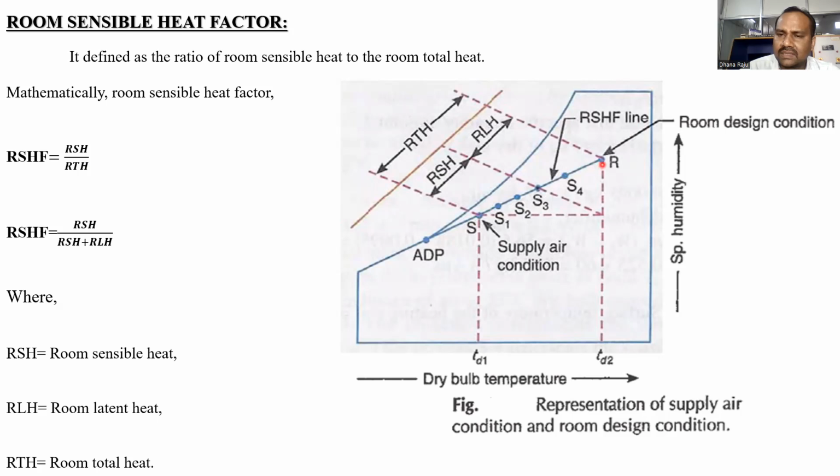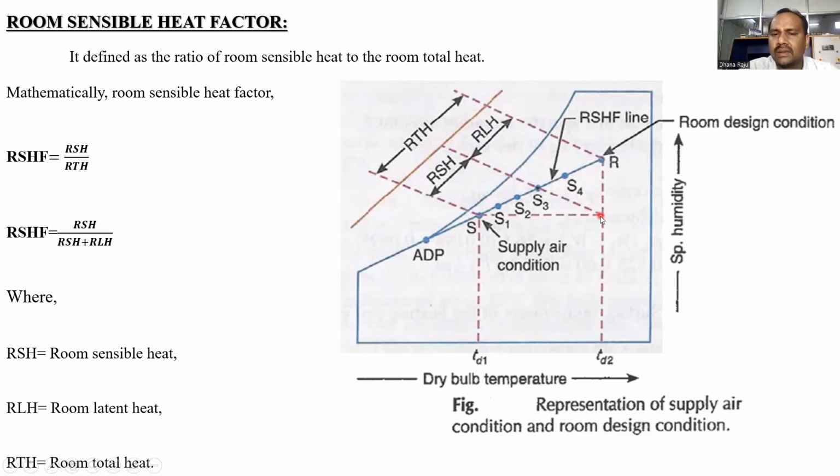And if we extend this RS line to the saturation curve, the intersection point is called ADP, which stands for apparatus dew point. If you draw a vertical line from point R and a horizontal line from point S, we get an intersection point.